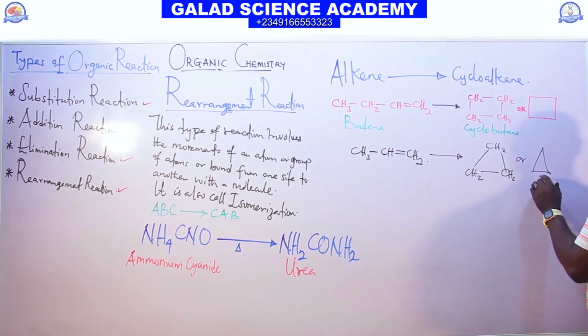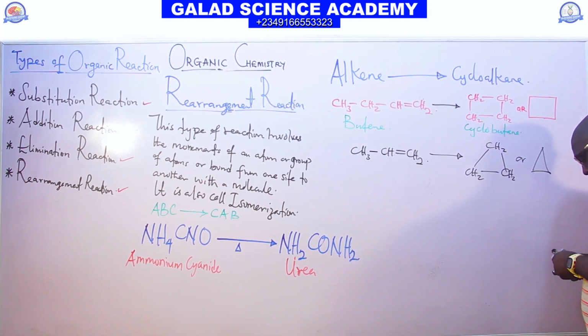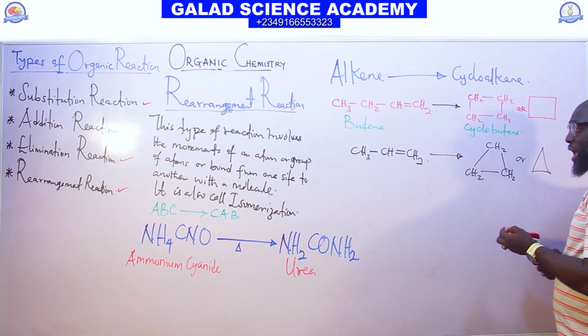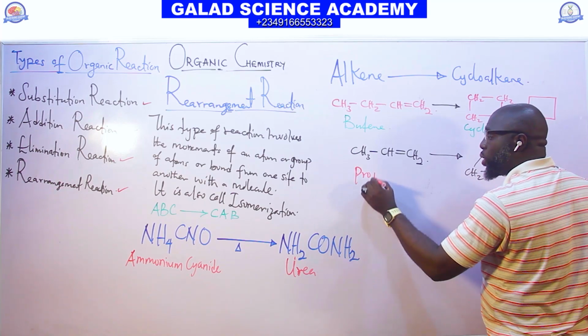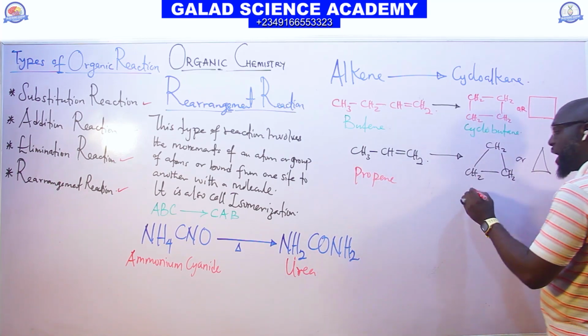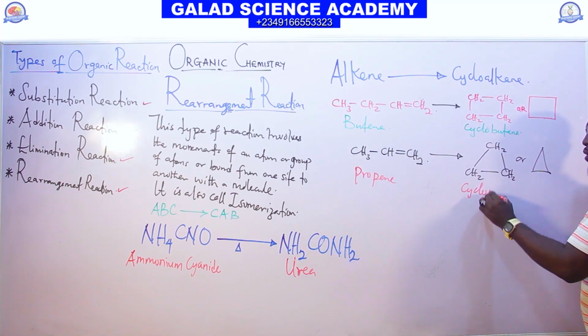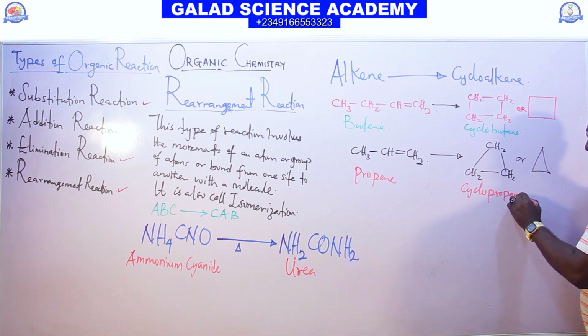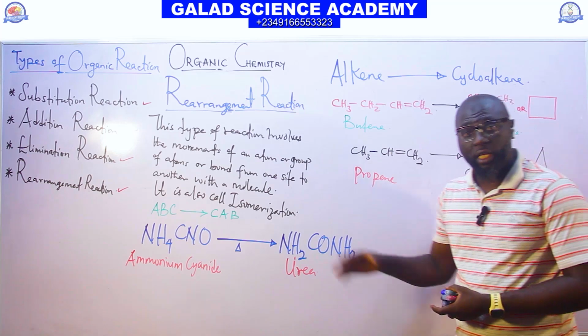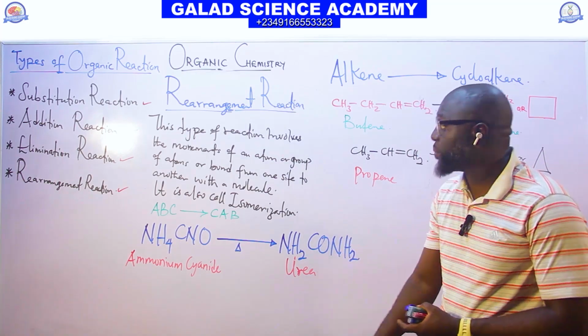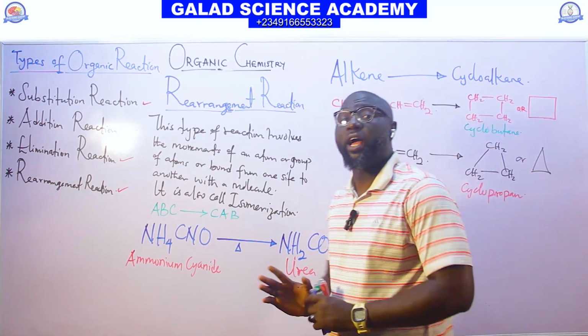You can draw it in this form. So the structure of this compound we have here is propene, and it gives us cyclopropane. So these are the common and good examples of rearrangement reaction.